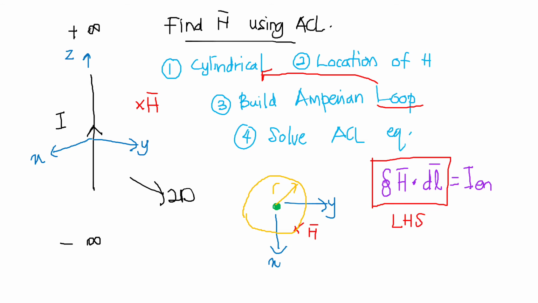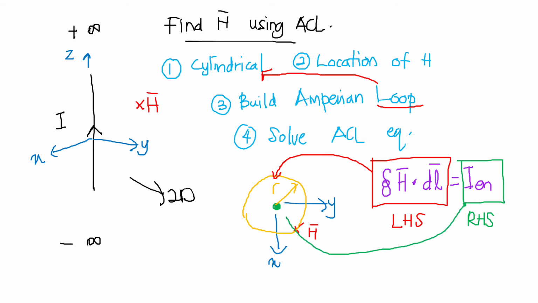So this left hand side equation should be related to this diagram, where it will depend on the shape of our loop, while this one I'll denote as our right hand side equation, and this right hand side equation will relate to the current inside the loop.